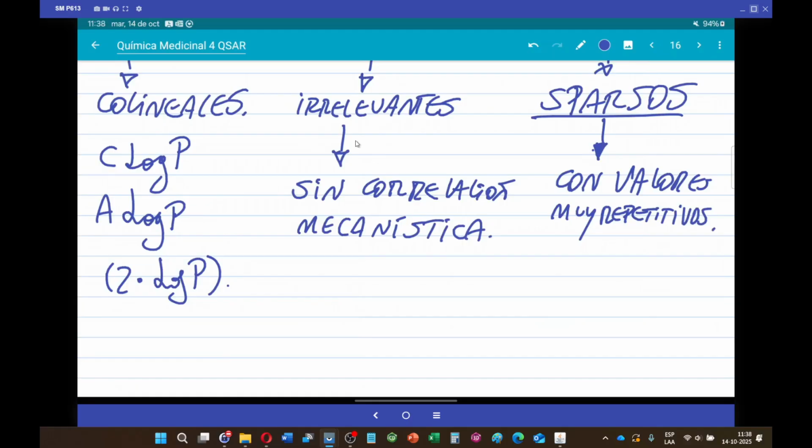If they are isomers, it means that the structure changes, but the molecular weight will be the same. That is, they will have 10 molecules with equal molecular weight. Then if you say, I want to use molecular weight as a descriptor, you cannot, because it is sparse. That is, 10 of those descriptors are going to have the same value. Then what contribution does it make? How does it allow me to differentiate? It does not contribute. Okay, we cannot use sparse descriptors.